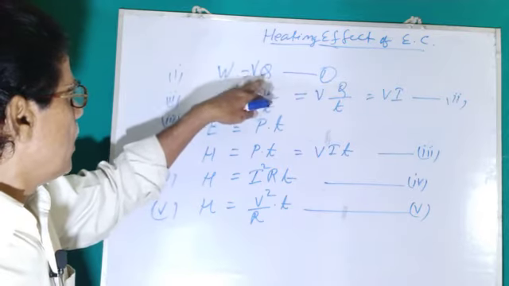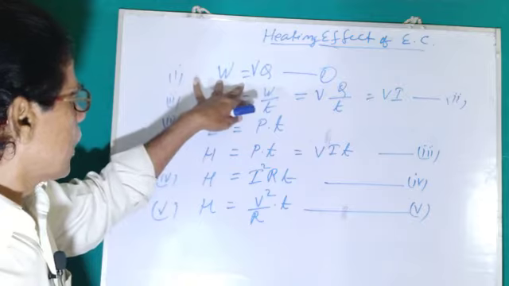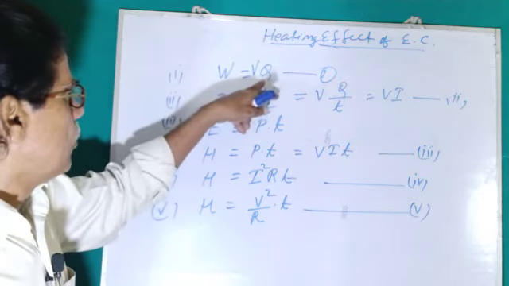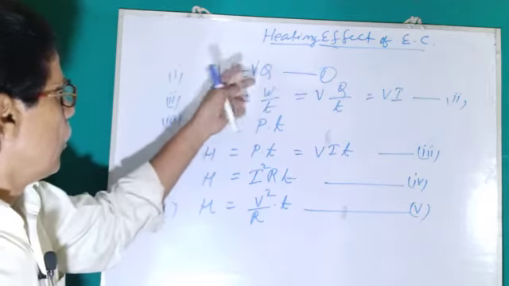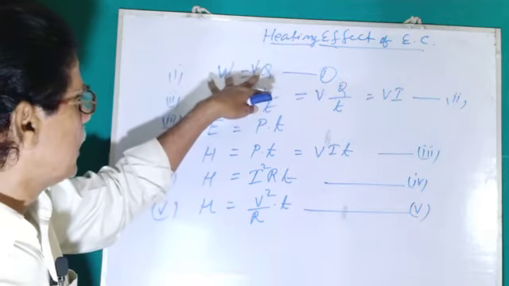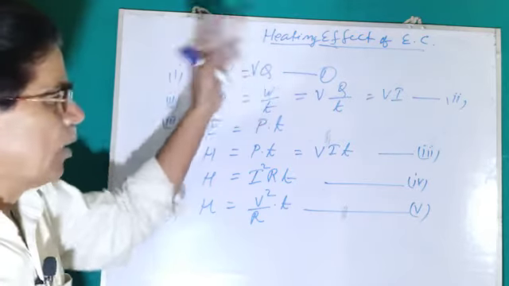If potential difference and work done are given, then you can find the charge. So by knowing any two of the three quantities, we can calculate the third.